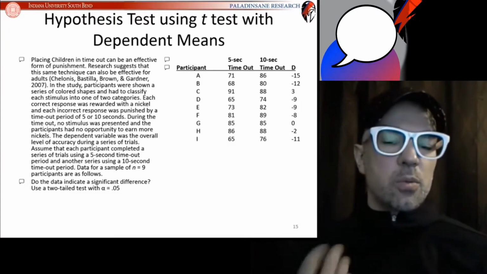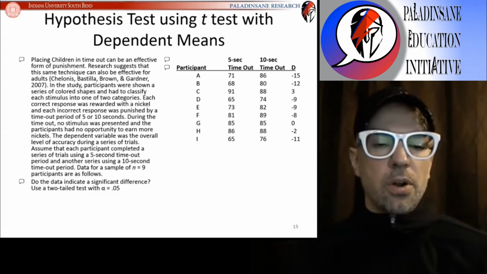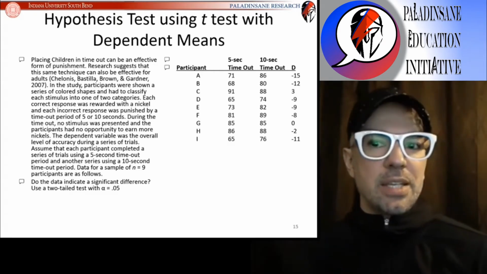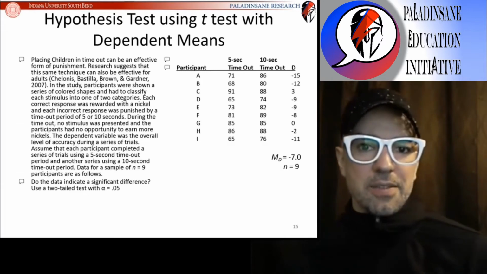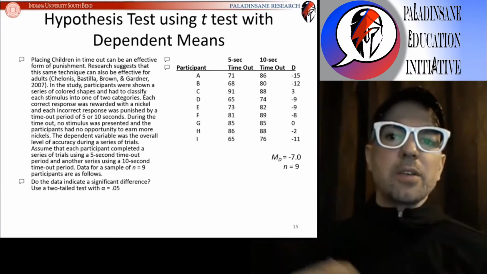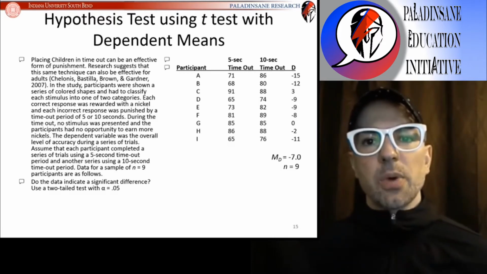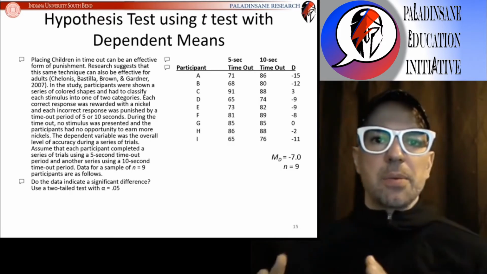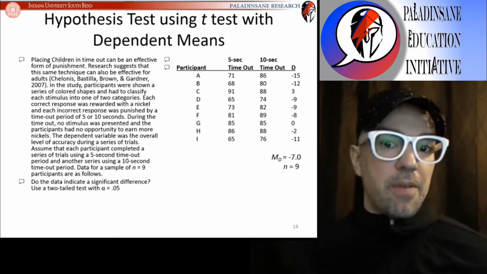And in effect, we're going to treat those difference scores as a single sample t-test with a difference score mean and the size of the difference score sample. And that's why these two t-tests, single samples and dependent means, are grouped together. So that's what we're going to be doing in effect.